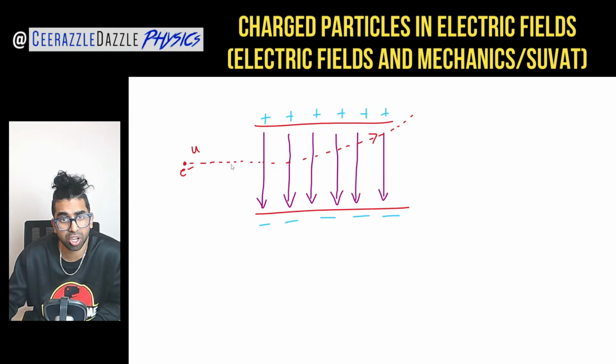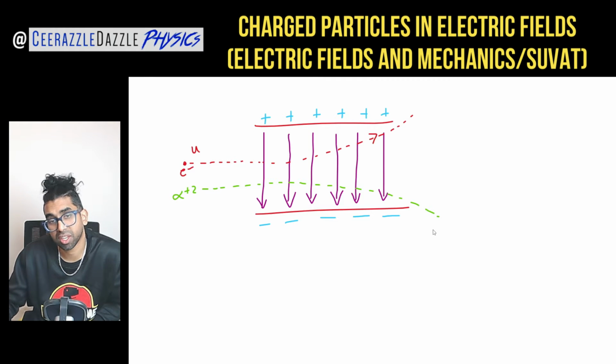And let's say, for example, I was to put a positively charged particle, so let's go for an alpha particle over here. Alpha has a charge of +2, so obviously it's going to travel this way and be deflected away from the positive terminal and go all the way over here. There we go. Easy stuff here.